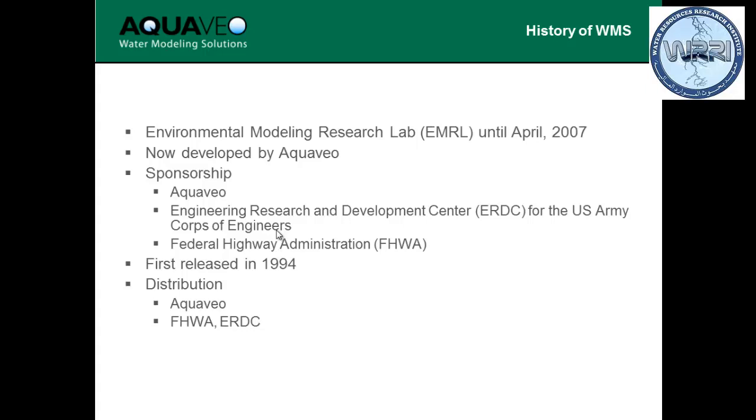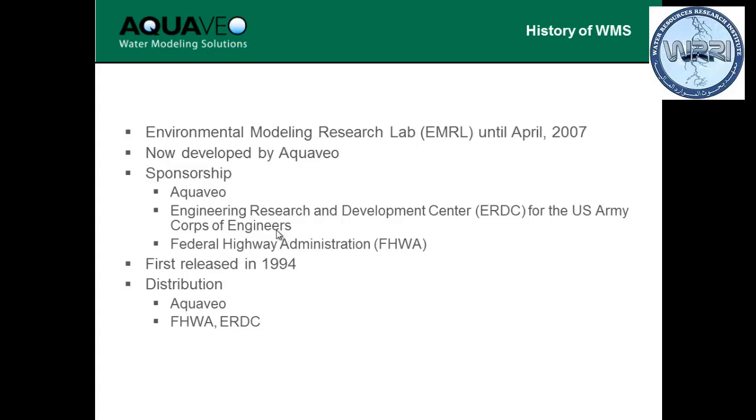That's when I started working for WMS. The software was sponsored by us, since we sell it, so we sponsored the development, but also by the U.S. Army Corps of Engineers. They have provided us money for developing WMS, as well as the U.S. Federal Highway Administration.